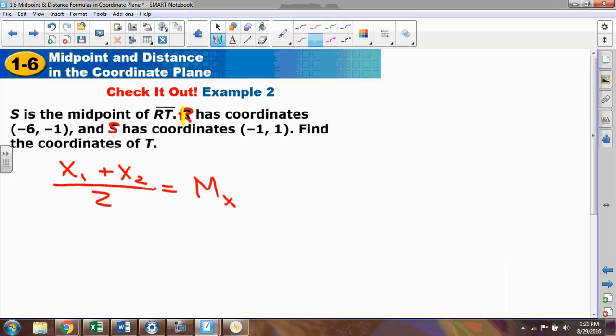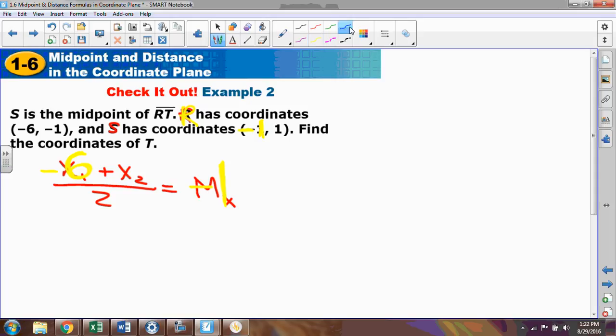Because we have the endpoint, we can plug in the x-coordinate for the endpoint. We also have the x-coordinate for the midpoint, and so we can put this in for the midpoint.